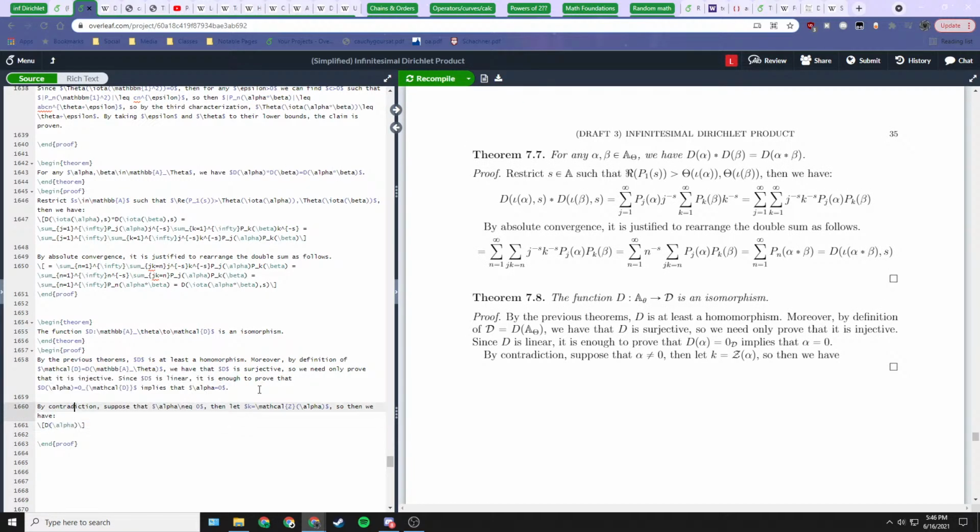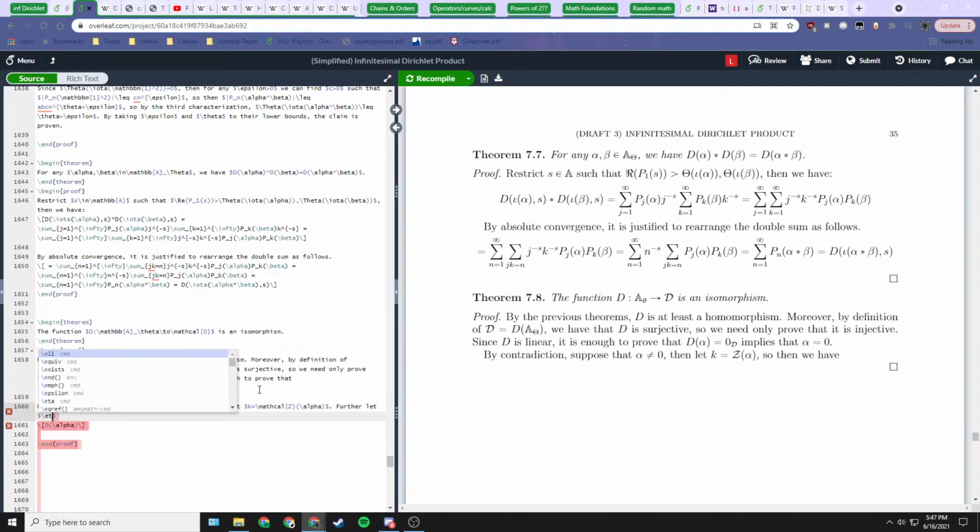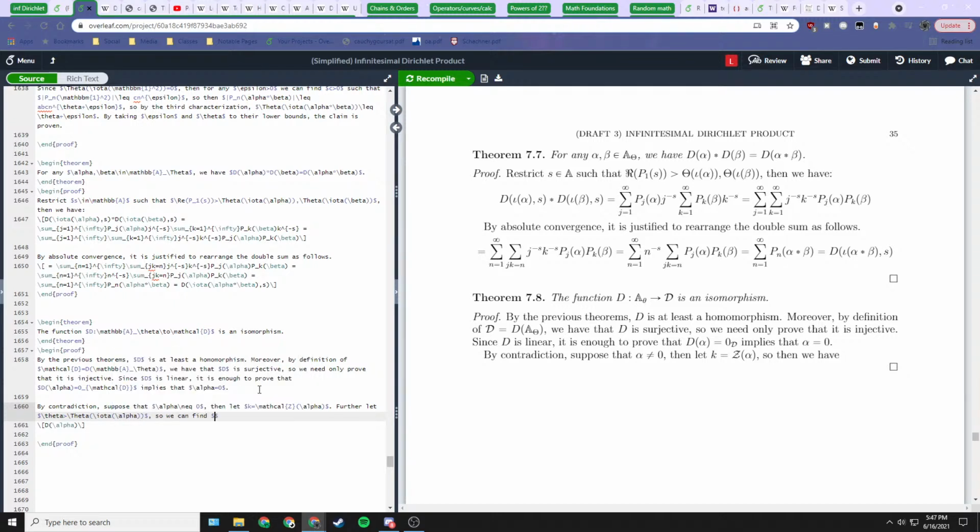Further, we're going to let theta be greater than capital theta of iota alpha, so we can find a greater than 0 such that the absolute value of p sub n of alpha is less than or equal to a times n to the power theta, for every n.